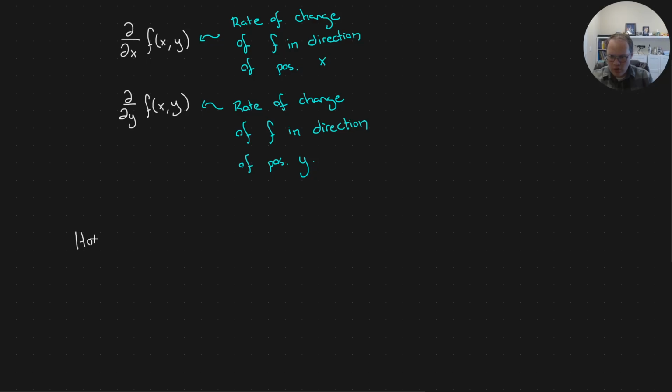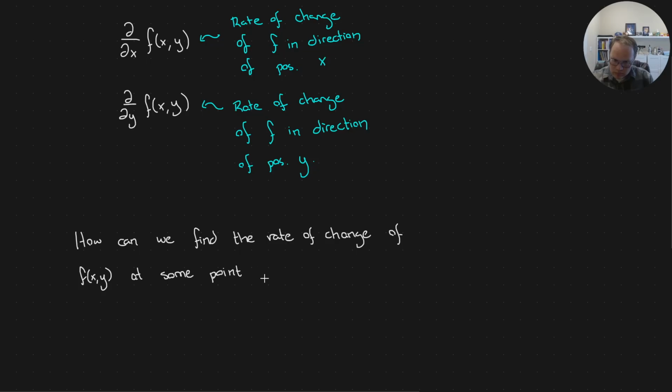So how can we find the rate of change of function f at some point, let's call it r naught, with just two components, x naught, y naught, in the direction of some vector v?